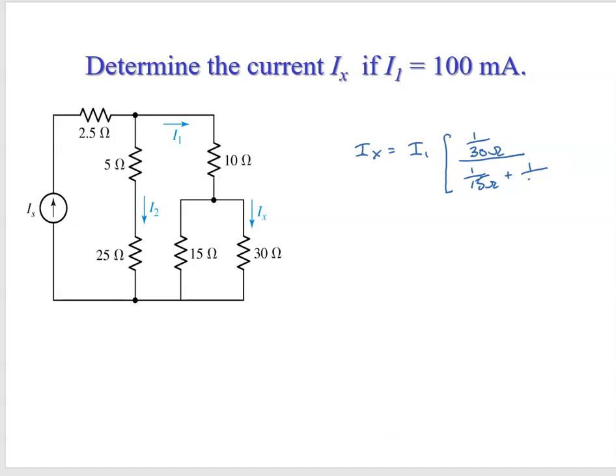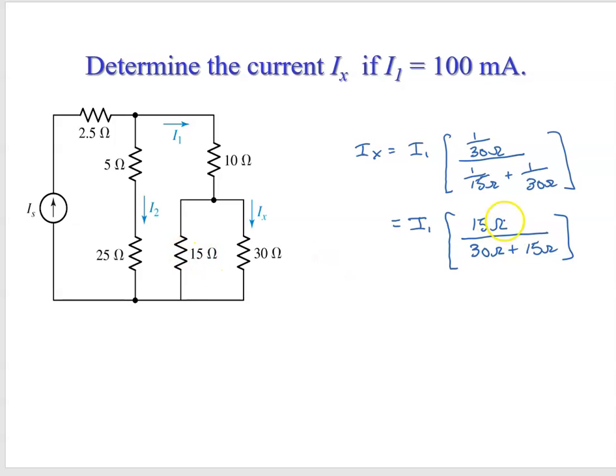And we lost the pen again. So 1 over 30 ohms, or it's equal to I1 times, if we multiply through by the 30 ohms times 15 ohms, we end up with our 15 ohms divided by 30 ohms plus 15 ohms.